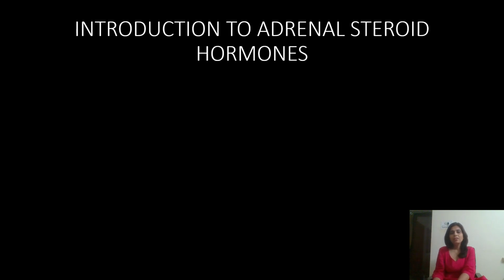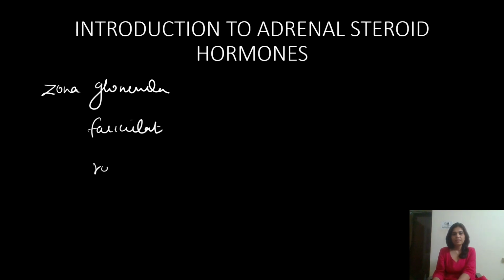So we know the adrenal cortex has three zones. The first one is zona glomerulosa, then fasciculata, and finally reticularis. As the name indicates, glomerulosa function is to release the mineralocorticoid aldosterone.